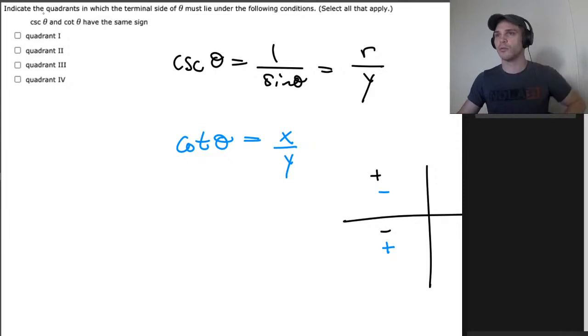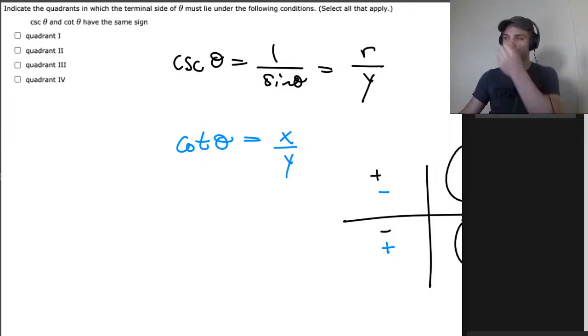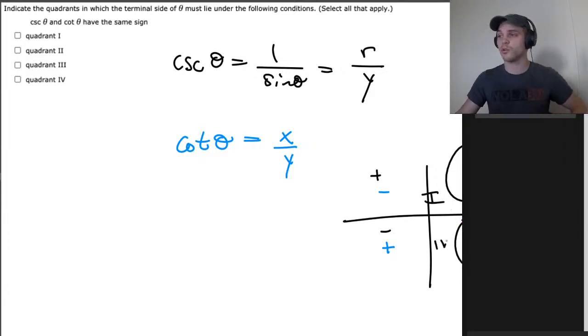So what is this asking? It says, where do these things have the same sign? Well, we can see that here they're both positive and here they're both negative. So quadrants 1 and 4 are the answer. 1 and 4. Boom.